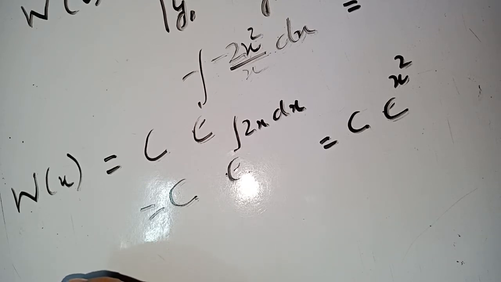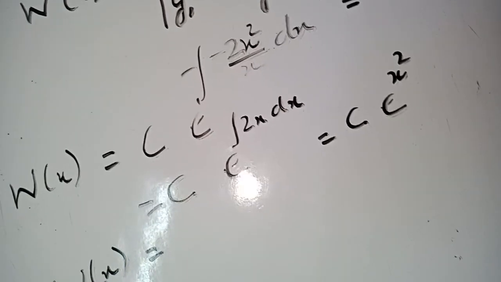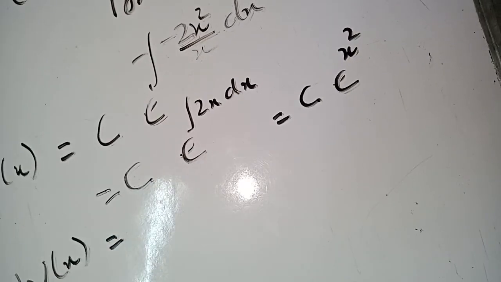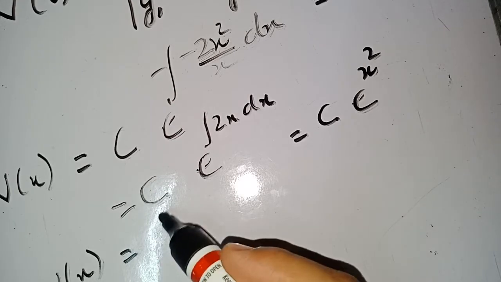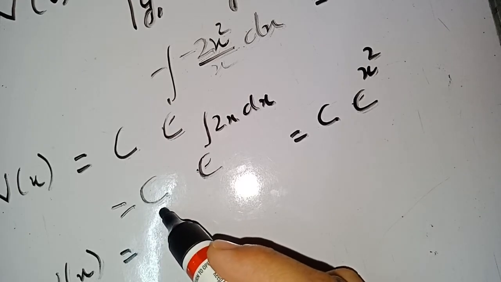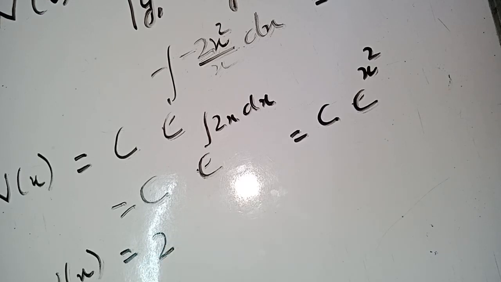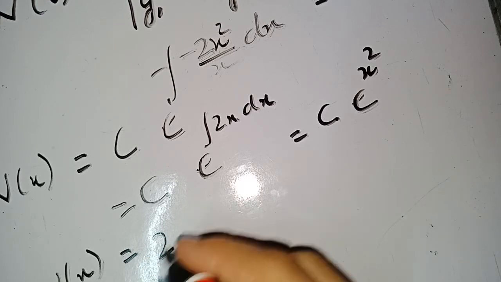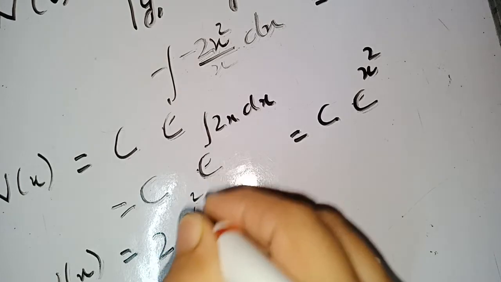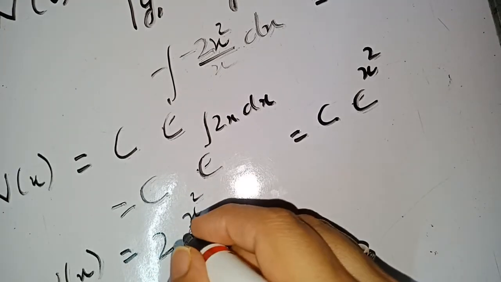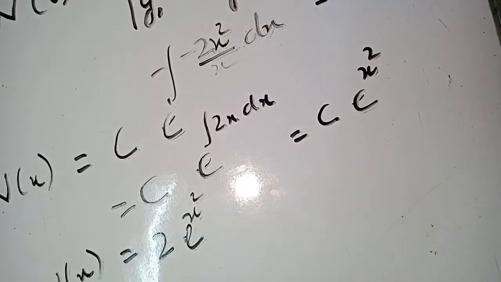So the Wronskian at the point x, where c is the Wronskian at the given values, which we found above as 2, is 2 into e raised to the power x square. In this way we can find the Wronskian at the point x.